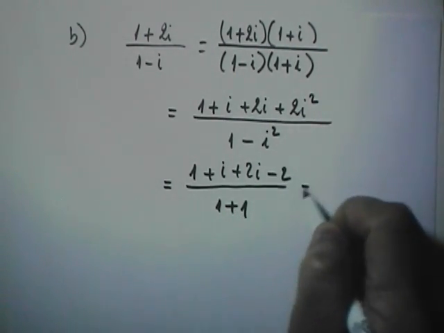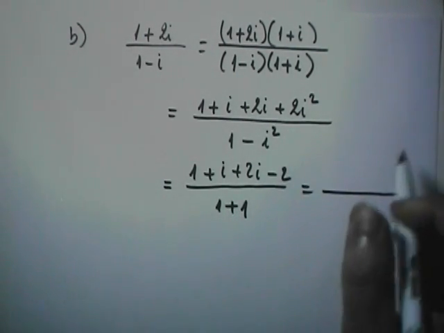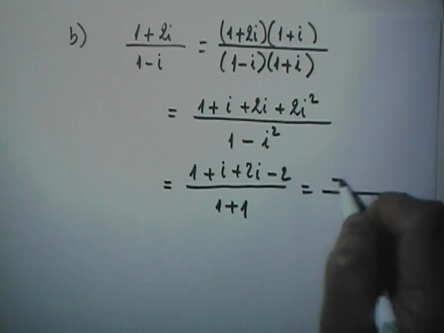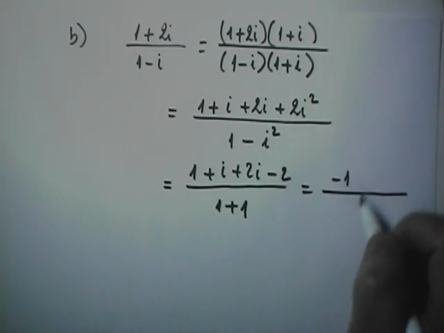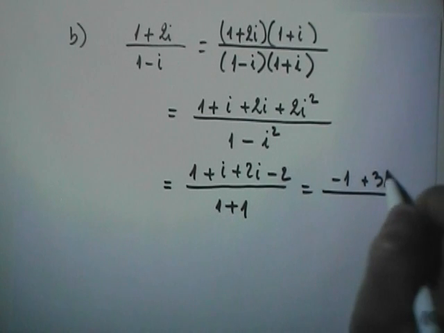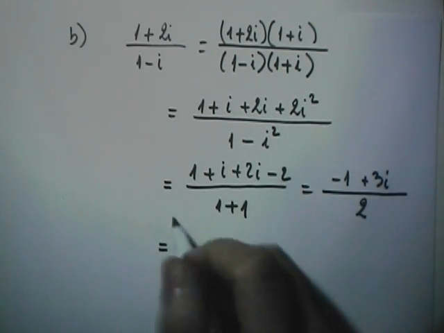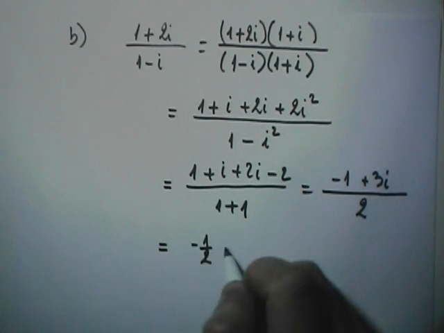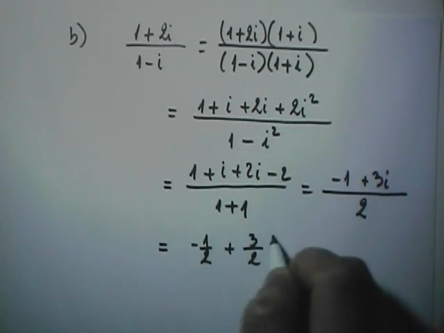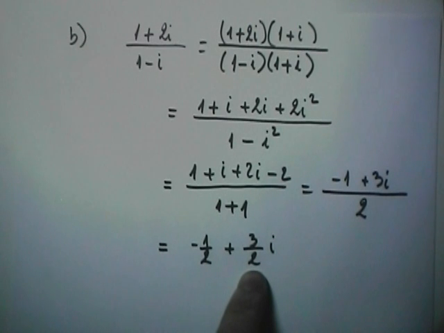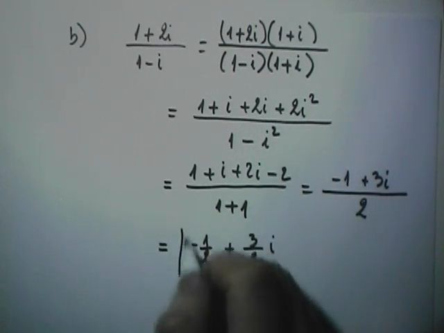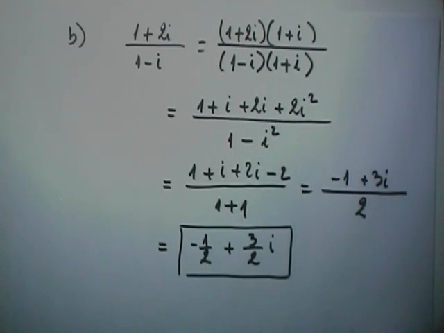Combining like terms, the answer turns out to be minus 1 plus 3i over 2. Breaking the fractions apart, you get minus 1 over 2 plus 3 halves i. With my final answer here, I cannot reduce, so I'm happy with that. That's where I leave it.